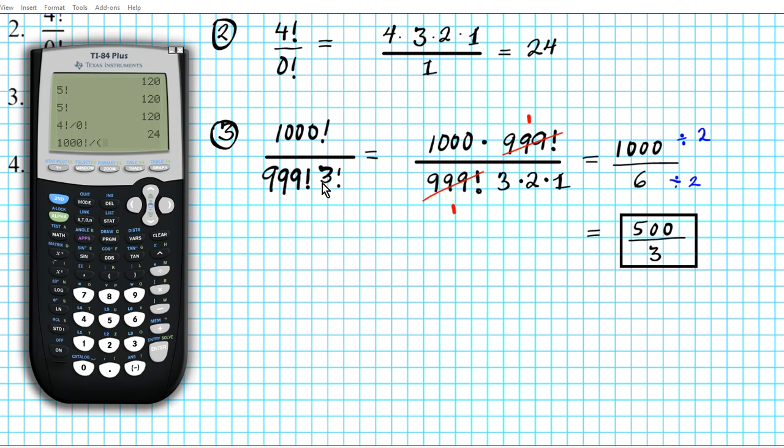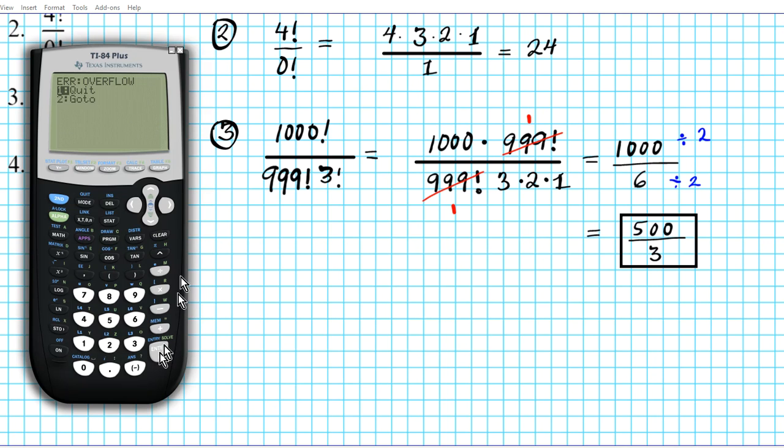It'll group it incorrectly. So 1000 factorial divided by 999 factorial, math, probability 4, times 3 factorial, math, probability 4.